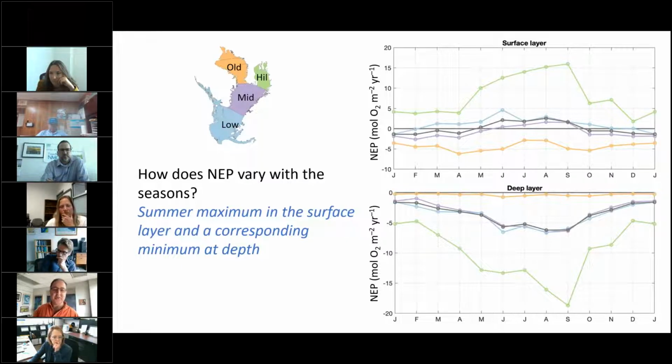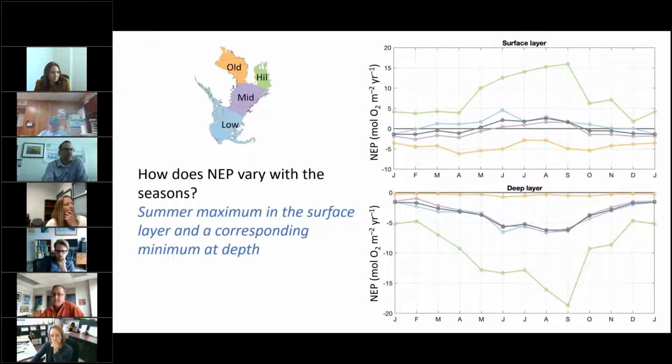Does anybody know, is Old Tampa Bay shallower than the rest of, I mean, this is something we could easily find out ourselves. It is, yeah. And it has a longer residence time relative to the other bays for the most part. But it's even lower than, it's closer to zero than the surface layer. Right.